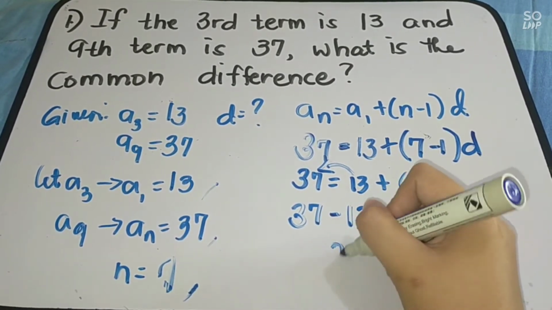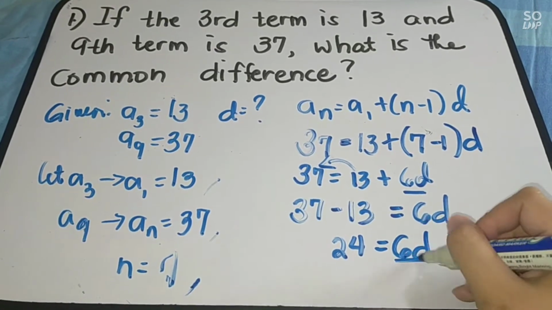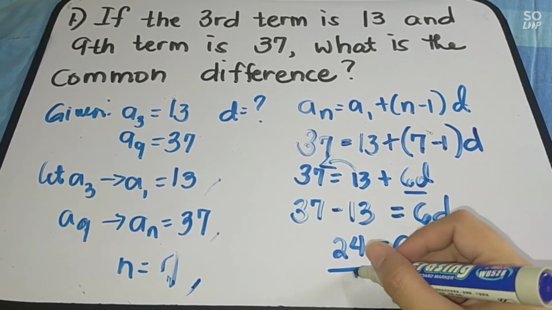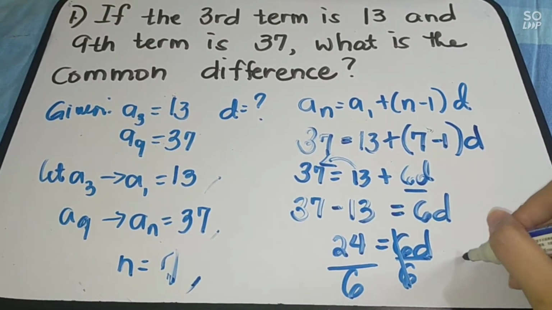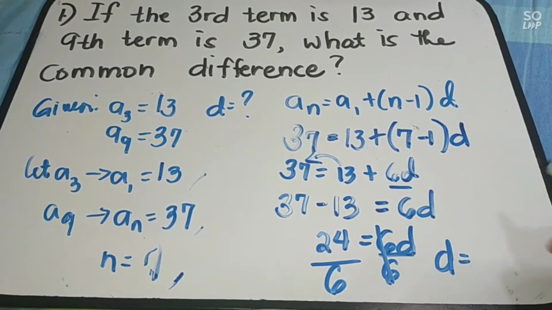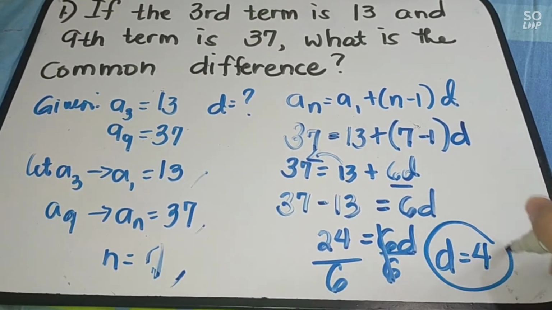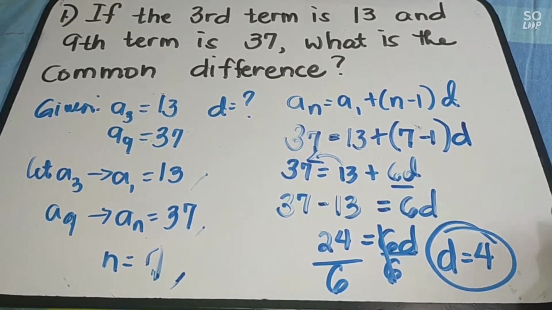Ang sagot dito is 24 is equal to 6d. Afterwards, divide mo lang both sides by 6 para matira mo ay d na lang. Cancel 6. Now, 24 divided by 6, the answer here is 4. So, this is now your common difference. Tapos na. Ganun lang siya kasimple.